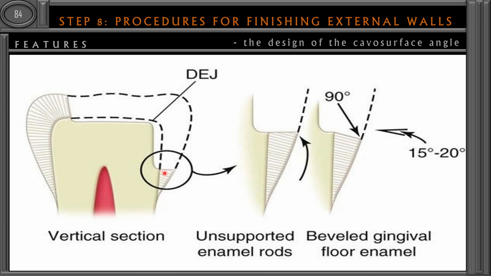If these enamel rods are not removed, in due course they will get chipped off and there will be a defect over there. So if we remove around 15 to 20 degrees with the help of a gingival marginal trimmer, we will remove these unsupported enamel rods, thus creating a butt joint which will be very strong.